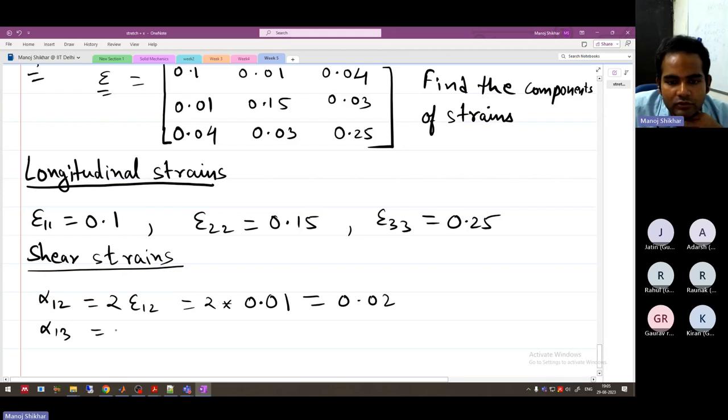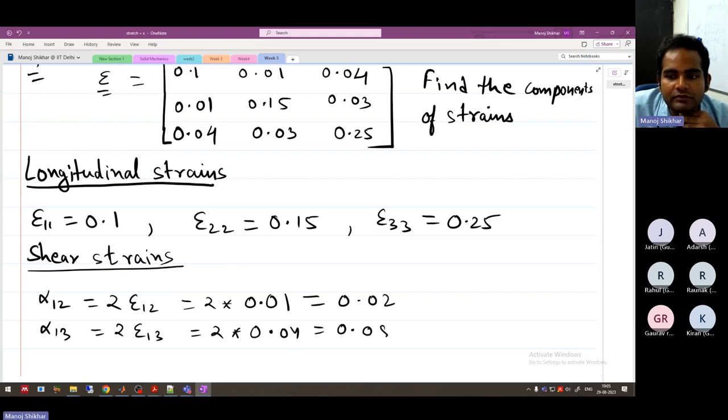Alpha 1 3 will be 2 times epsilon 1 3, so 2 into 0.04. That is 0.08. Alpha 2 3 will be 2 times epsilon 2 3. That is 2 times 0.03.